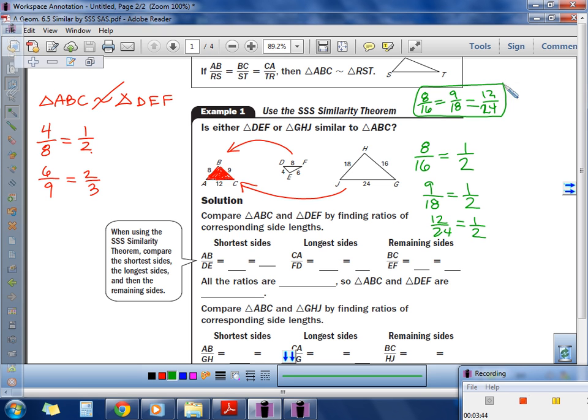The key thing, though, is you have to say that triangle ABC is similar to triangle GHJ. That's the key thing. Why? Because these sides are proportional. That's a statement of proportionality whenever you have letters. It's just an extended proportion whenever you have numbers.